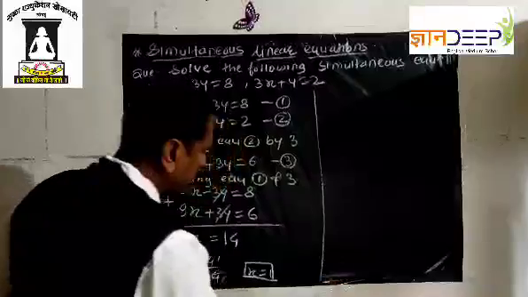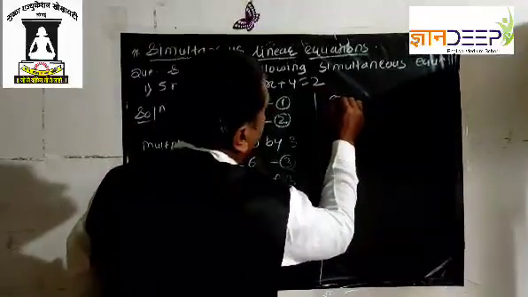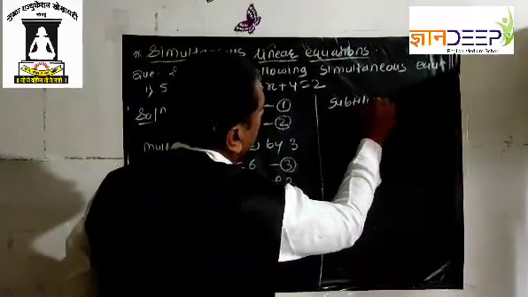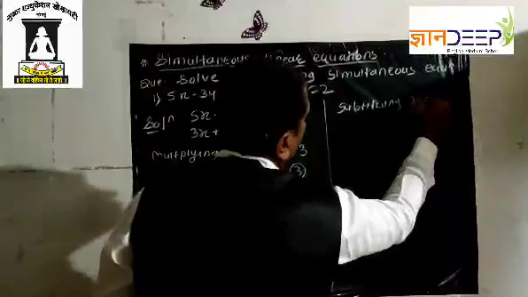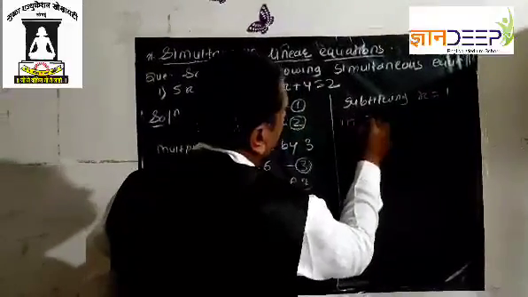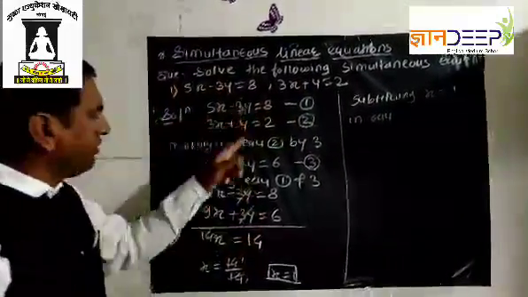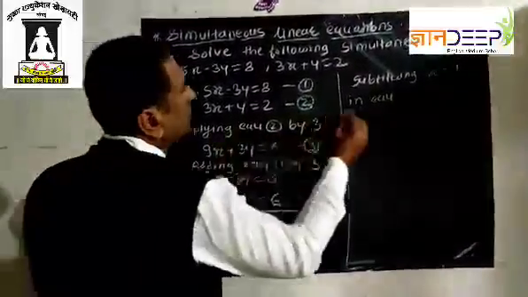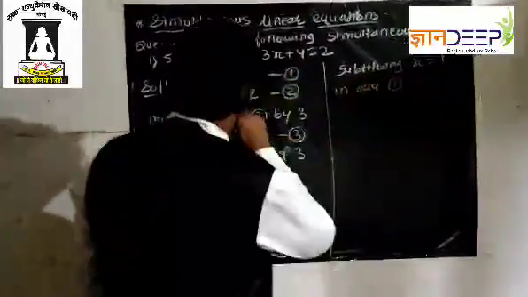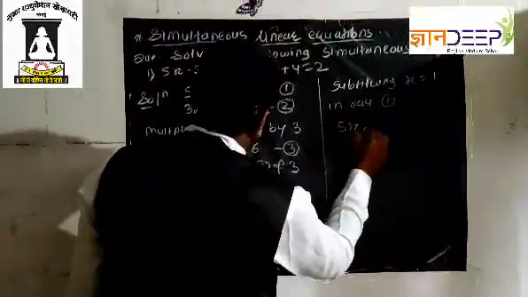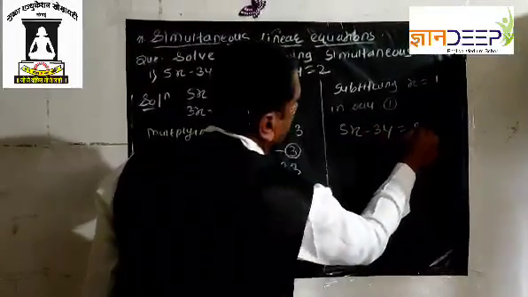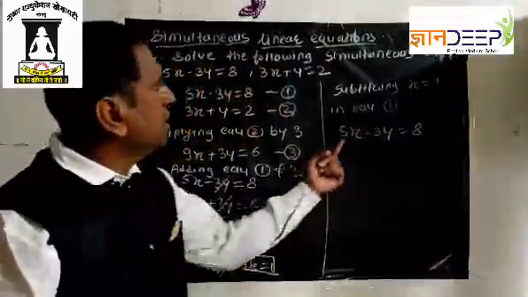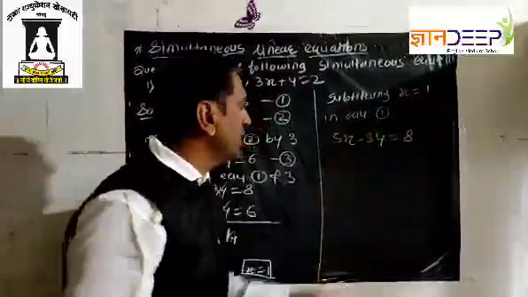Then substituting x is equal to 1. In any equation you can substitute this x is equal to 1 value. So equation 1. What is equation 1? 5x minus 3y is equal to 8. Then substitute the value 1 in this equation.